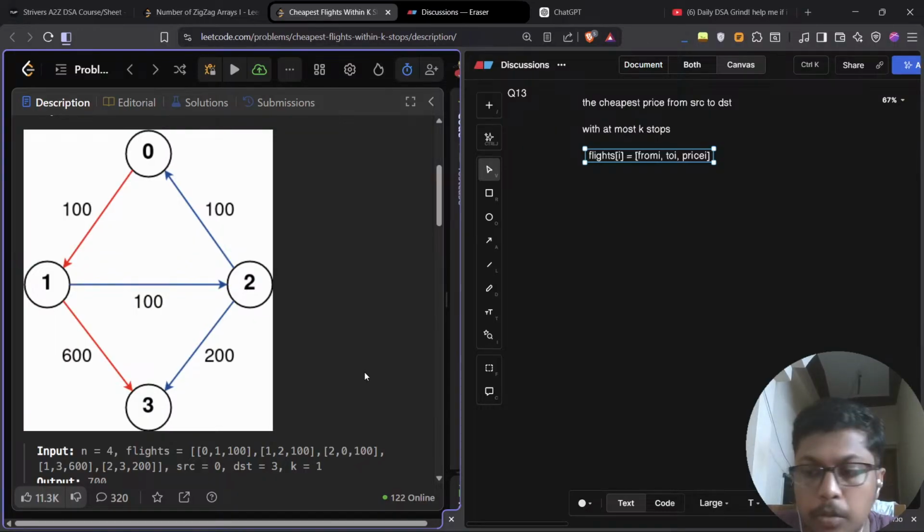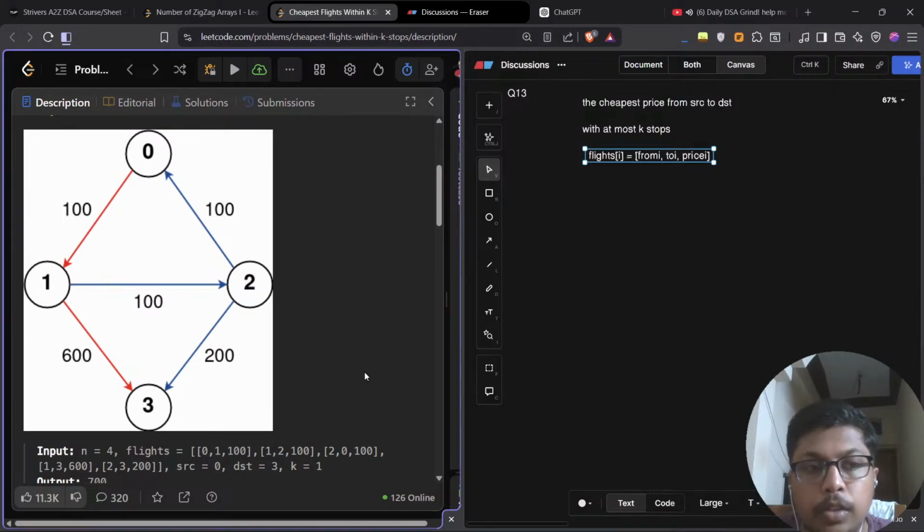When we are traveling and want to find the shortest path, we need to figure out the shortest path.